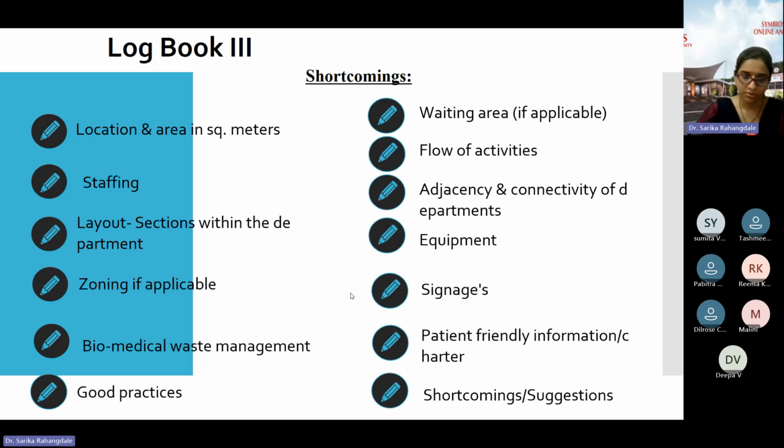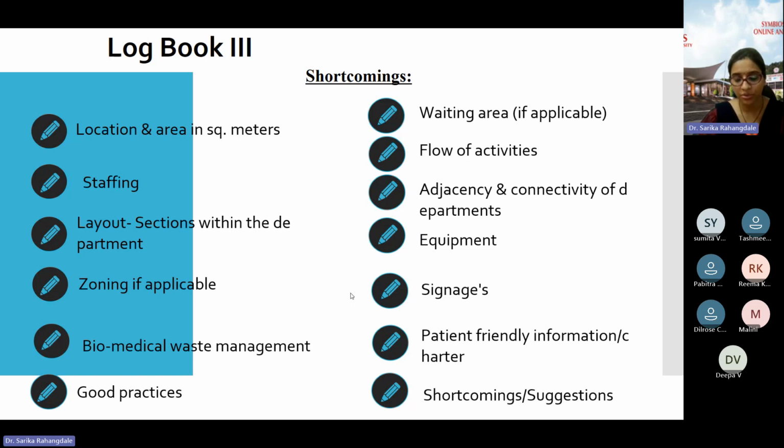We talked about biomedical waste management also. Now, patient friendly information and the charter. If it is a medicine OPD, or a cancer OPD, you have to see what kind of information is there in that particular OPD area and inside the consultant room. There should be no-tobacco or awareness related details available on the wall.